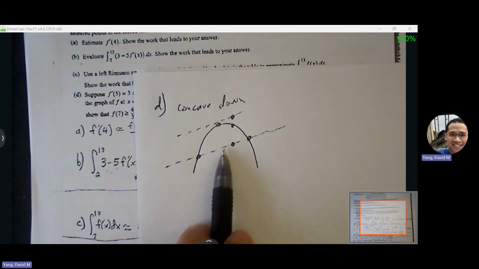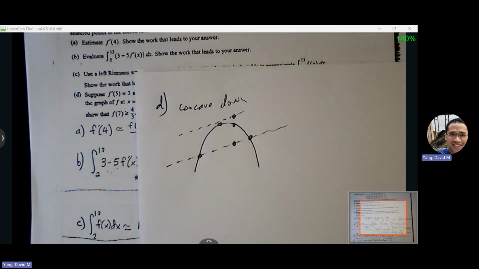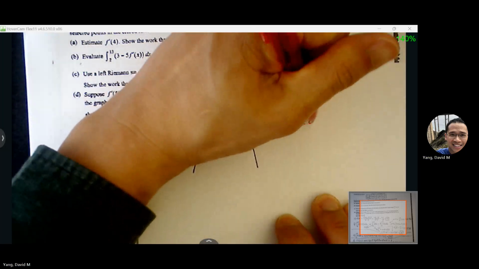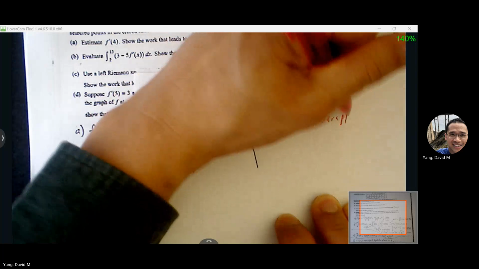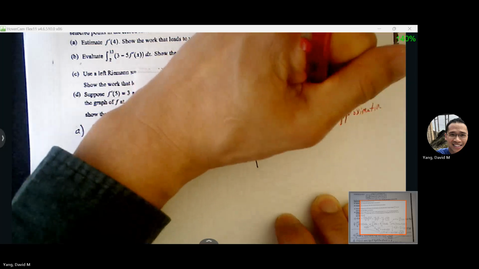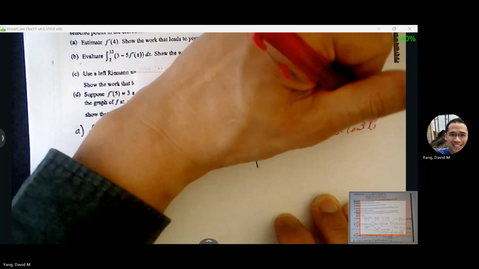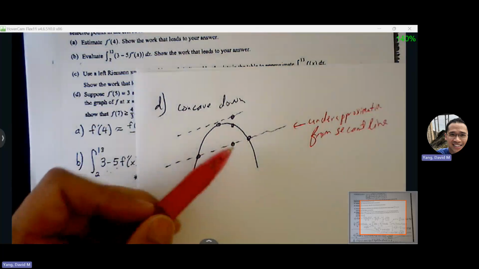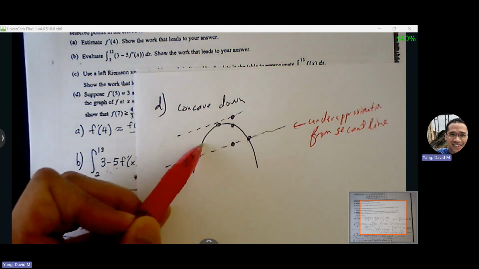Anything that is part of a secant line is going to sit below the actual point on the curve. So we're going to get an under approximation from a secant line, because we know that this point is going to be lower than any point on the curve.